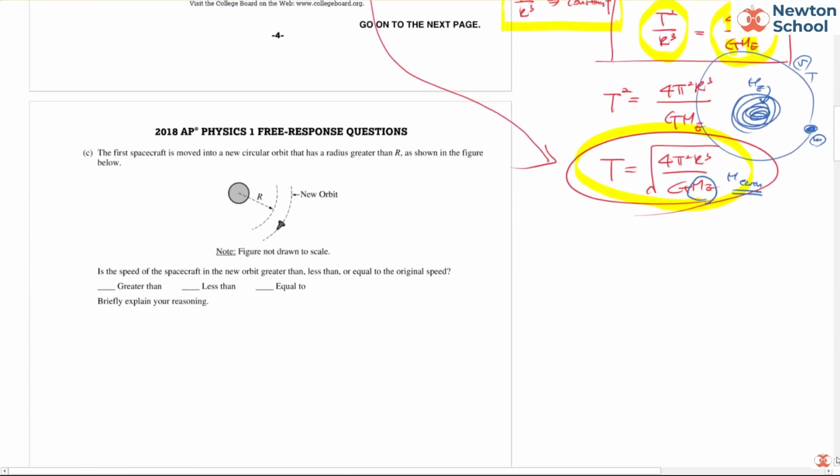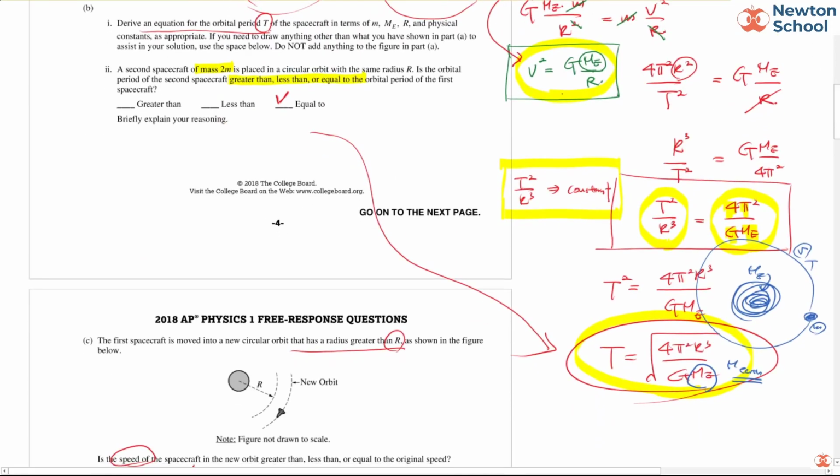All right, and last question, last part. The spacecraft will move into a new circular orbit that has a radius greater than r. Is the speed of the spacecraft in the new orbit greater than, less than, or equal? I'm pretty sure it's less than. Here we're talking about speed, and I already derived this equation for speed: v squared equals G M_E over r, or v is the square root of G M_E over r.